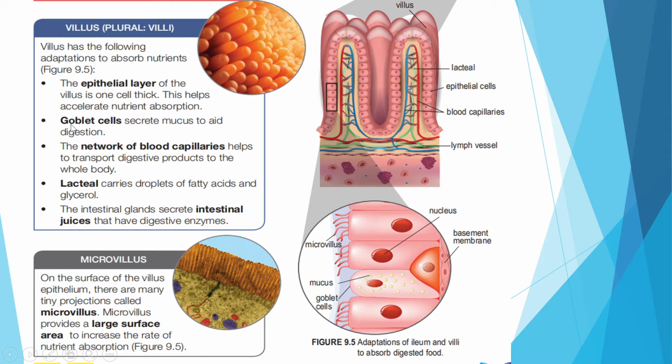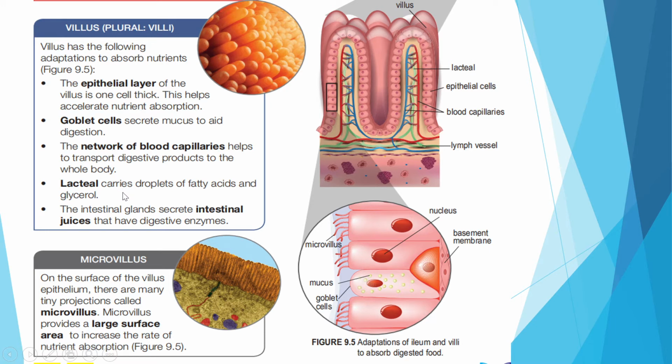Also, there are goblet cells, and these cells secrete mucus, which aids in digestion. And also we have a network, which is understood to be many blood capillaries that help to carry the digestive products to the whole body.